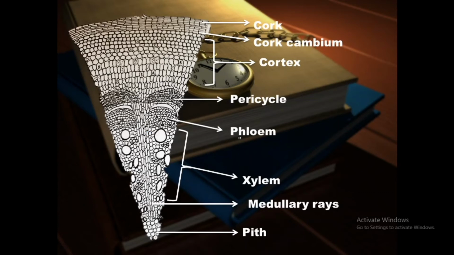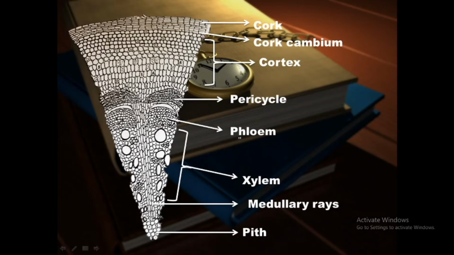Xylem also contains xylem vessels, which are lignified pitted xylem vessels. Other components in xylem are xylem parenchyma, tracheids and xylem fibers, which are the minor components.